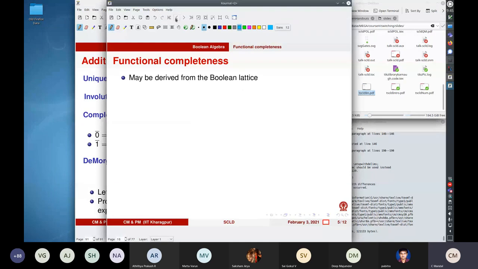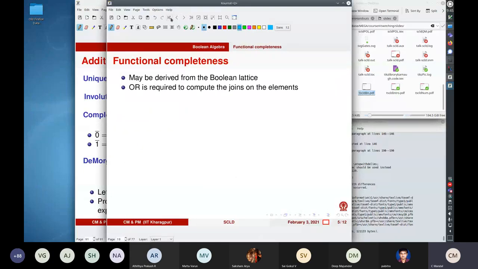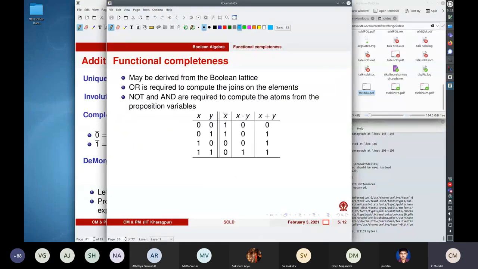This NOT along with AND is what you require to express any atom, and you can represent any element of the Boolean lattice as an irredundant irreducible sum of the atoms.